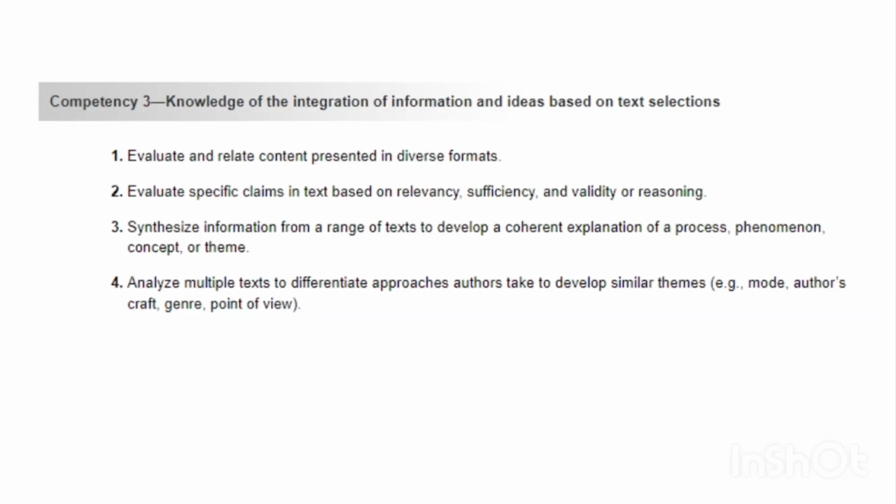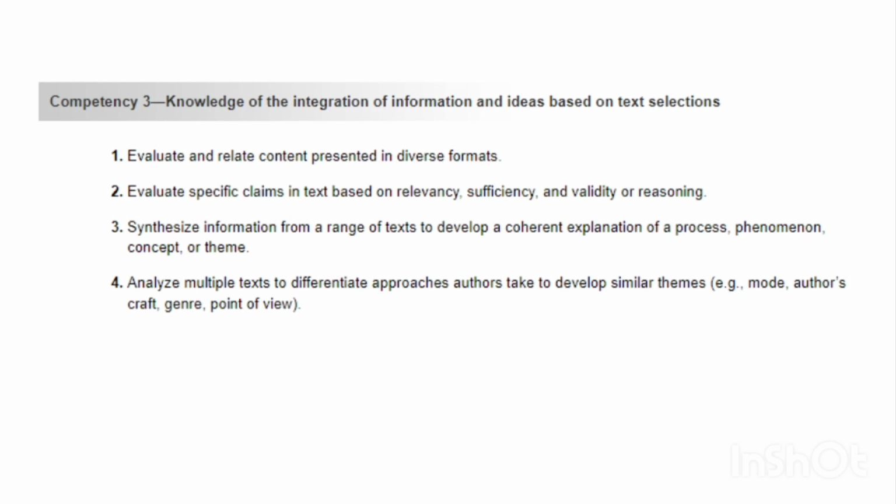So we will start off with the competencies. As I said, it is Competency 3, and Competency 3 has 4 sub-competencies. Evaluate and relate content presented in diverse formats.